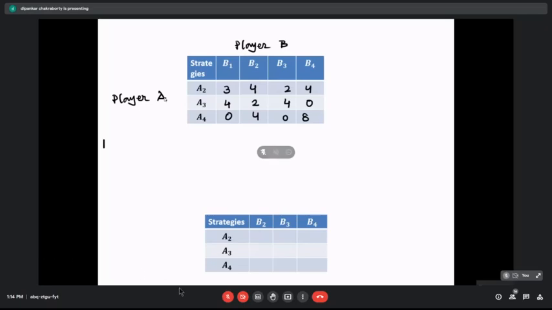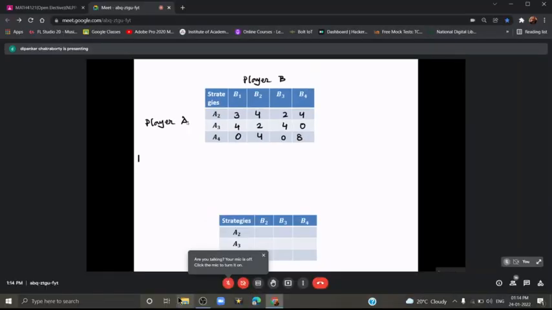Okay. So now what will 4, 2, 4 be? It is going to be 2, 4, 0, and 4, 0, 8. Now, the next operation to apply. It is a 3 cross 3, so you have to delete one row, one column, to transform into 2 cross 2.